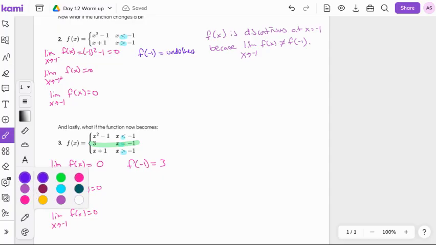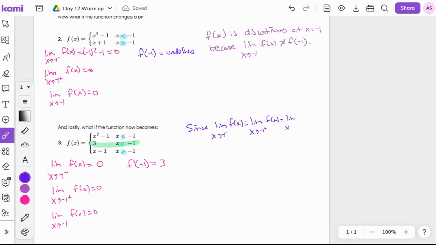Okay, so in conclusion, we can say since the limit as x approaches -1 from the left of f of x equals the limit as x approaches -1 from the right of f of x equals the limit as x approaches -1 of f of x, which does not equal f of -1, the function is discontinuous.